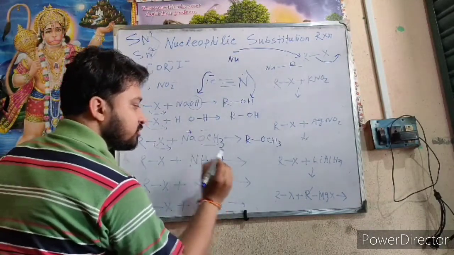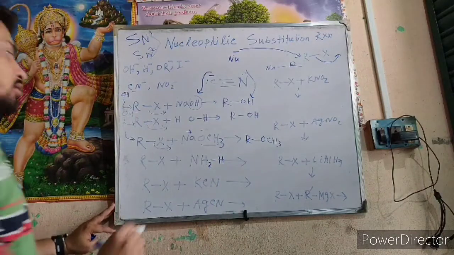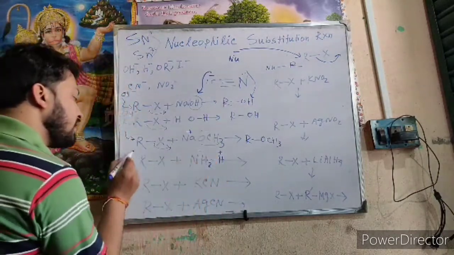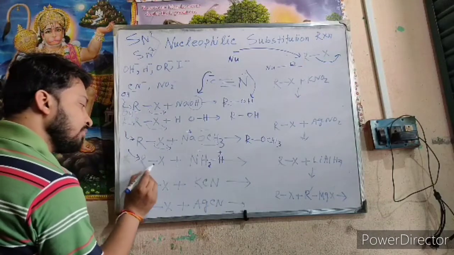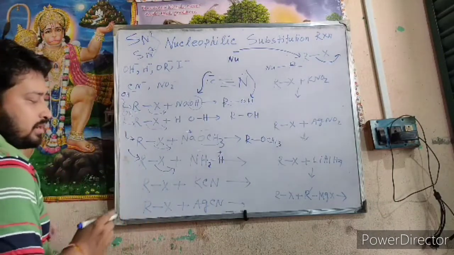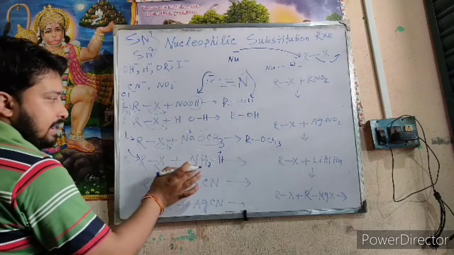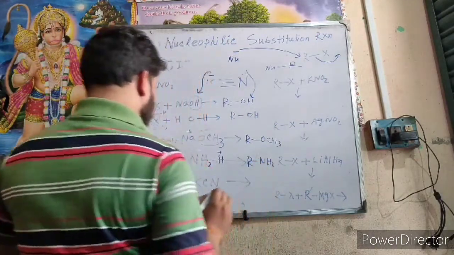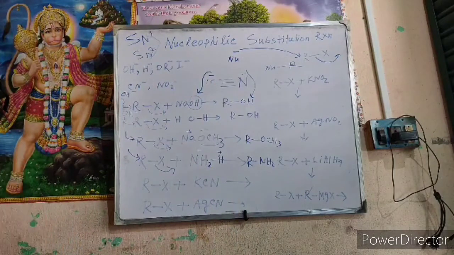NH3 we can write in this way, NH2 and H. So this is H plus and NH2 minus. NH2 minus attacks this R and X is removed from here. So the product is RNH2.